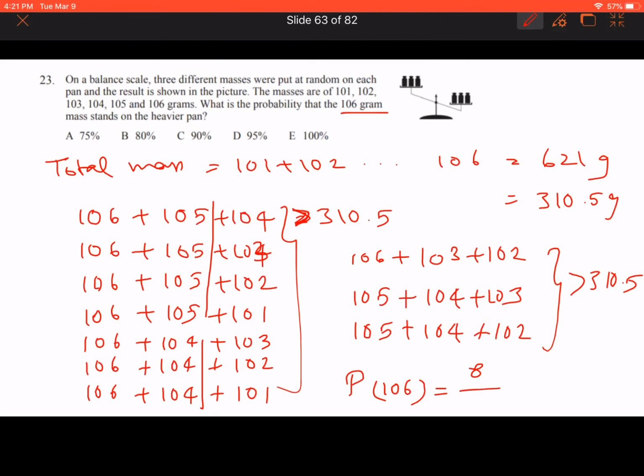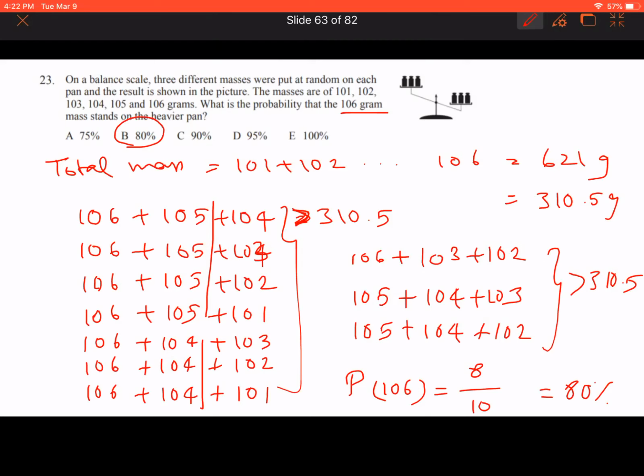But the total occurrence of having a heavier pan is 8 plus 2, that is 10. This is how we find the probability of that particular event: how many times that event will occur by how many times such a possibility can occur. So 8 by 10, that is 80%, and the answer is going to be B.